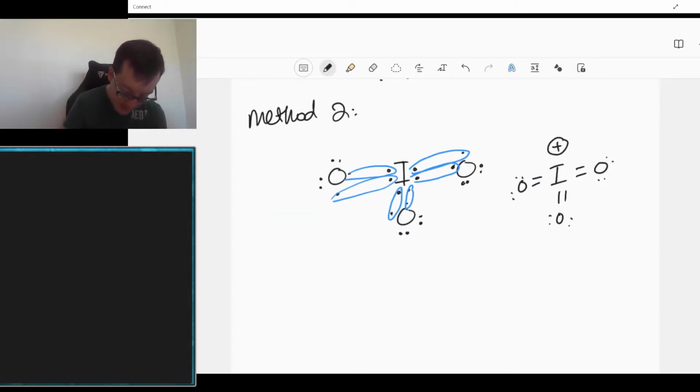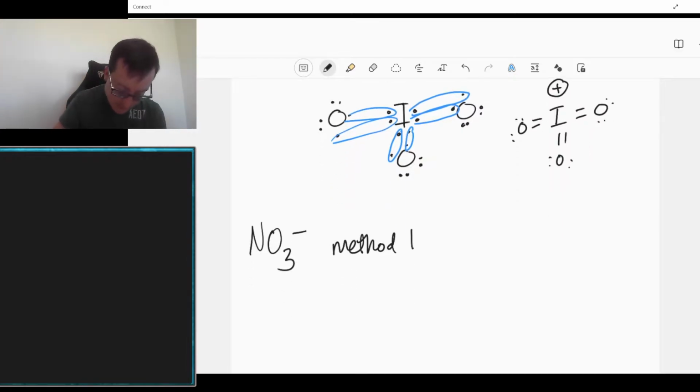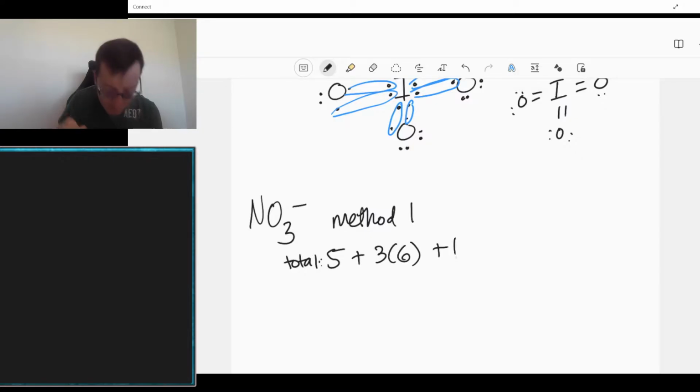Let's do nitrate then. So nitrate, we have 5. Our total electrons is 5 plus 3 times 6 plus 1. Remember, negative charge means we add 1.